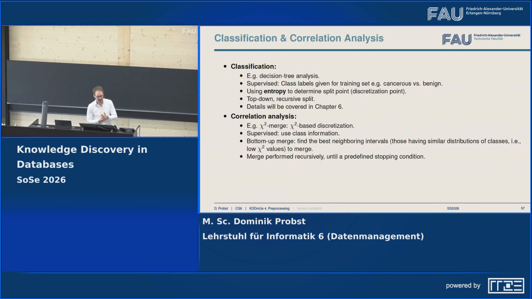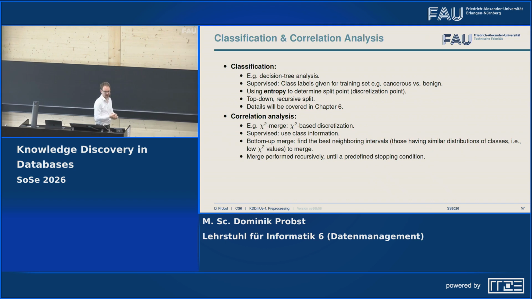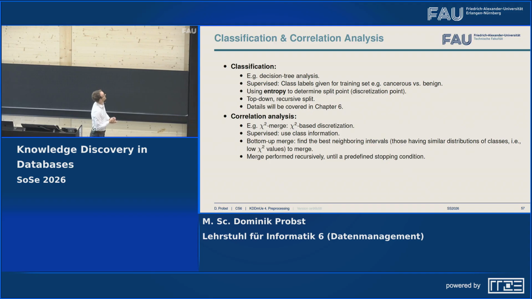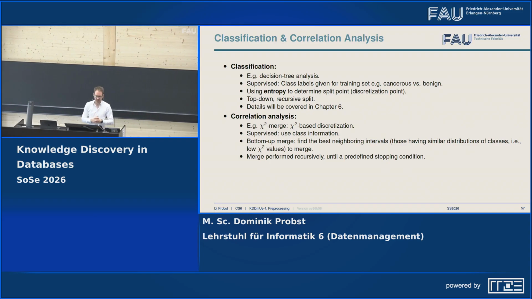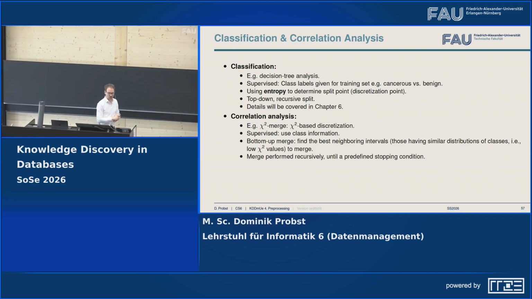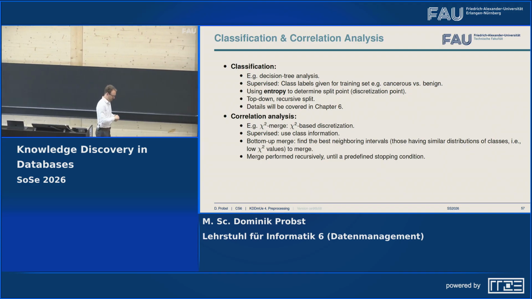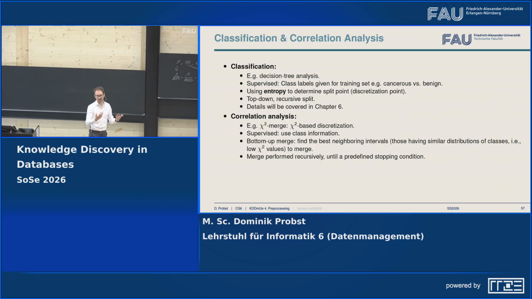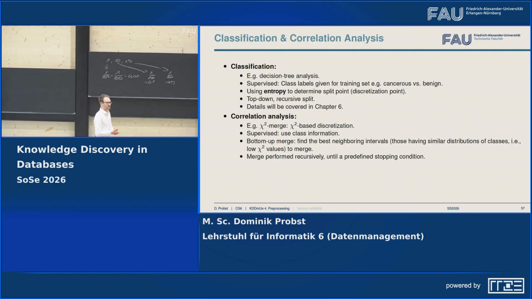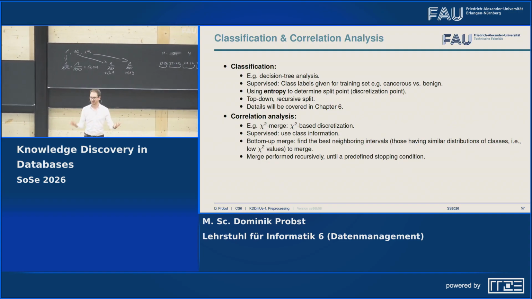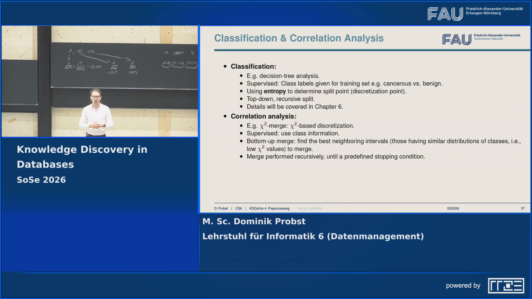The next unsupervised method we have to talk about is classification and also correlation analysis. Classification analysis is, for example, done by a decision tree analysis, where you try to put your values into certain classes. Classification is supervised since you have to have these class labels at hand. So you have to know which classes can result out of the classification.